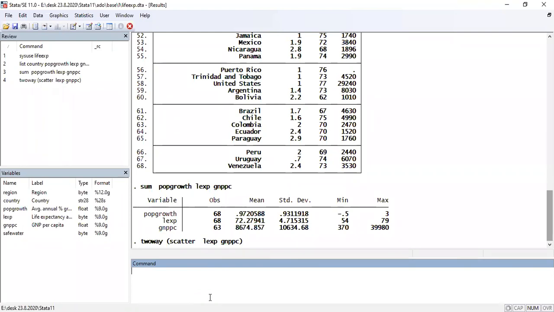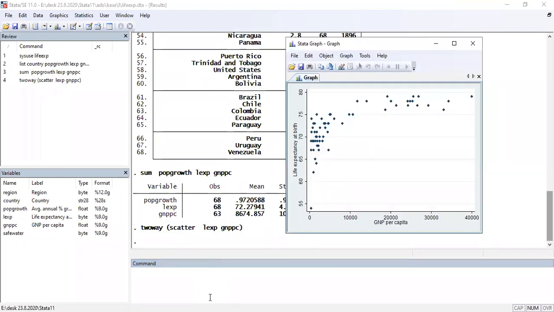Professor, why did you write twoway? That is the command word. I can do nothing about the command word. These words are already defined for the software. When the software says twoway, it knows it's going to do a scatter on the horizontal and the vertical.